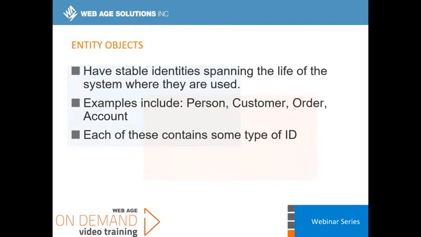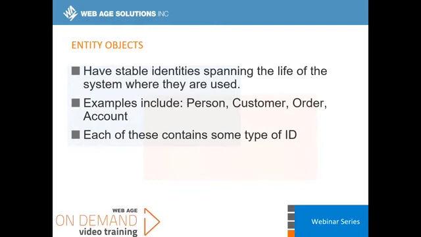So a stable identity is something that remains the same, that provides some continuity, and so multiple processes or multiple executions can be executed, and the identity is maintained.